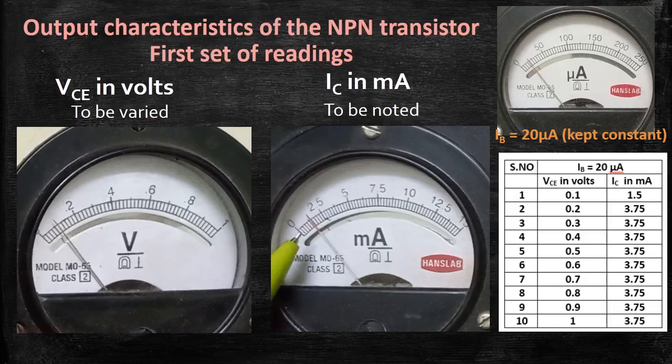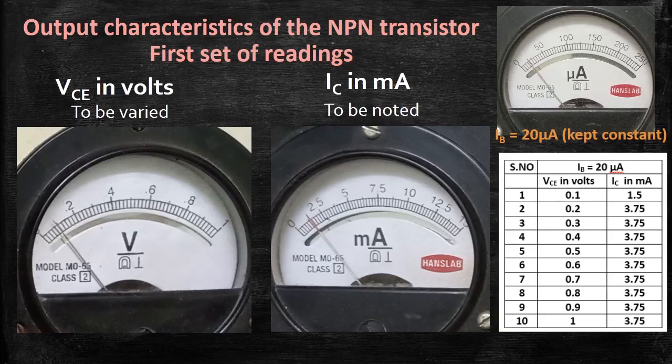Now note down the reading in the milliammeter, the IC value. It coincides with the sixth division. 6 into 0.25 is 1.5. Therefore, for 0.1 volt VCE, the corresponding IC is 1.5 milliampere. This is a very important value.